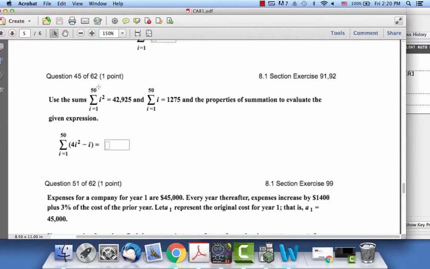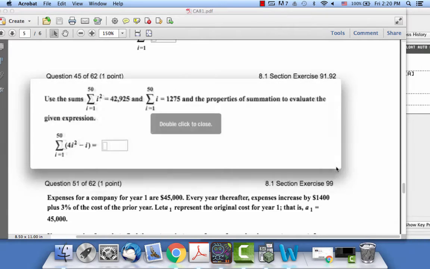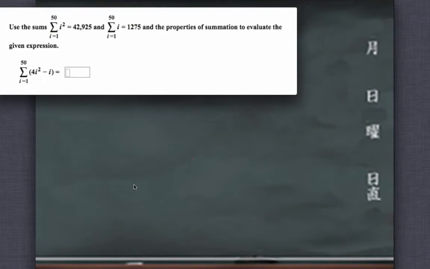All right, these are things which are known. If you add up the first n terms, well, we'll get to that actually on arithmetic sequences. So we're going to be told what the sum from i equals 1 to 50 of i squared is, and what the sum from i equals 1 to 50 of i is, which is 1275, and just use it. So here's the thing.